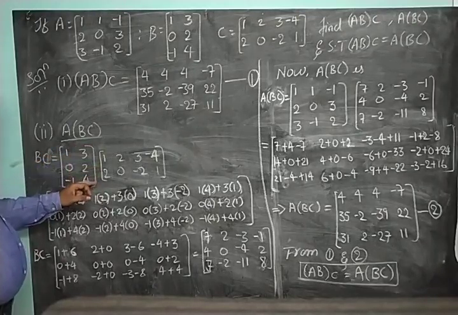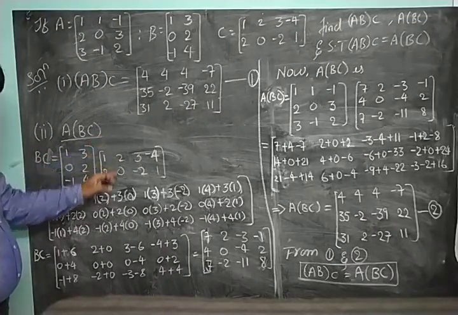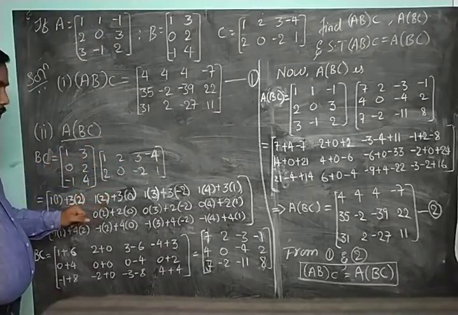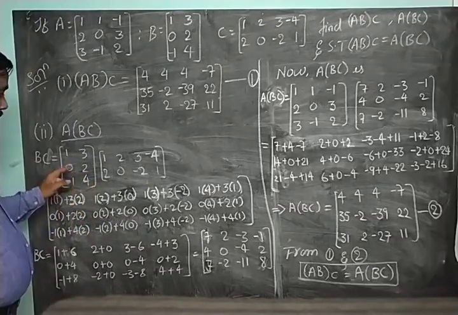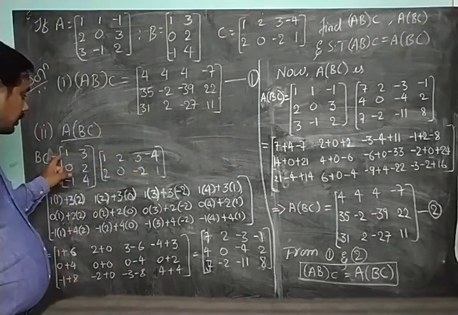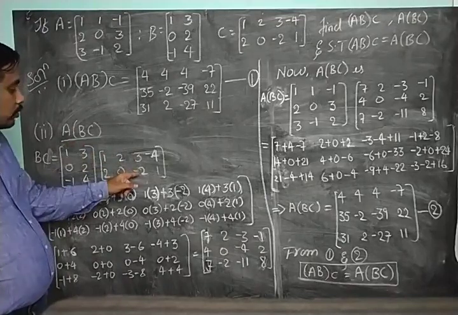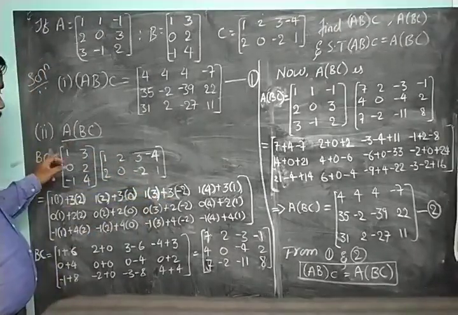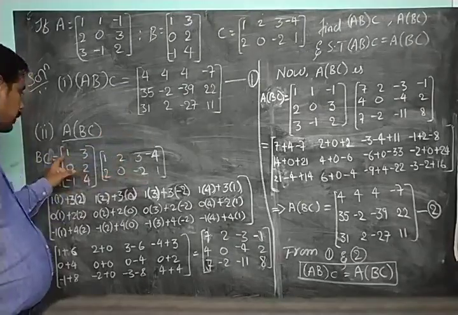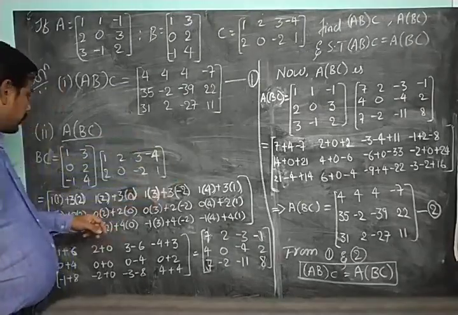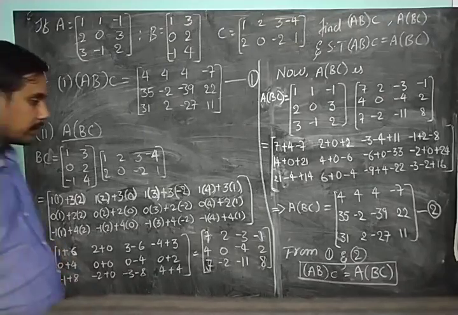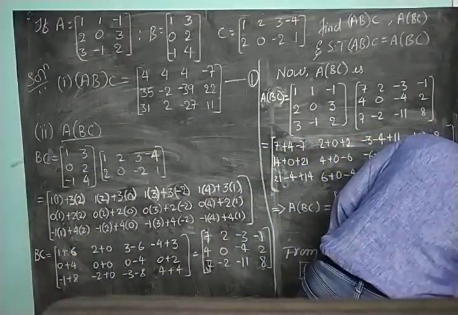First row multiplied with first column, we got 1 into 1 plus 3 into 2. First row multiplied with second column, 1 into 2 plus 3 into 0. Now first row with third column, 1 into 3 plus 3 into minus 2. Now first row with fourth column, 1 into minus 4, sorry, this should be minus 4.